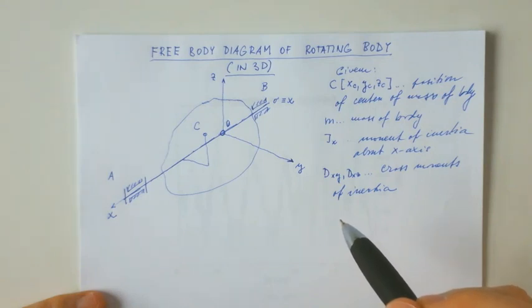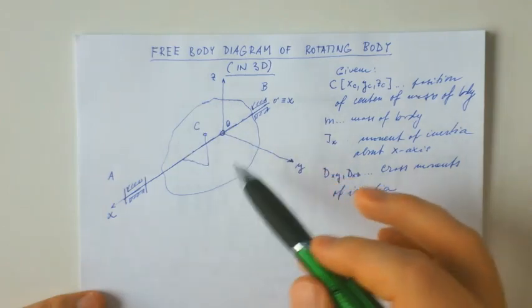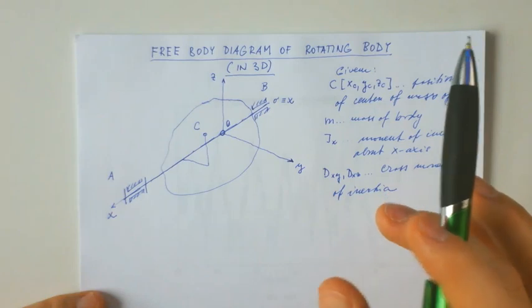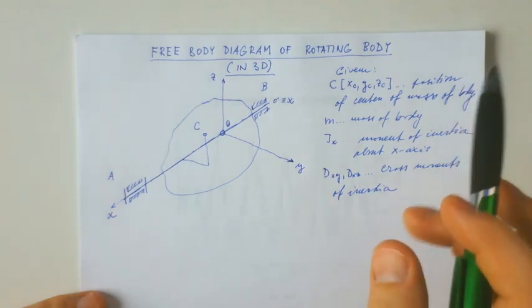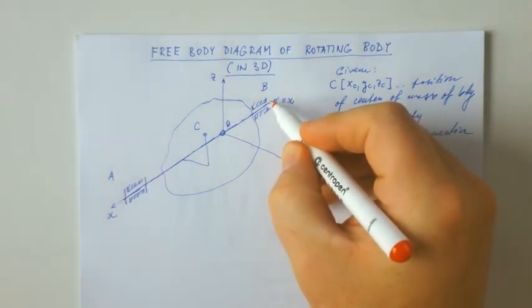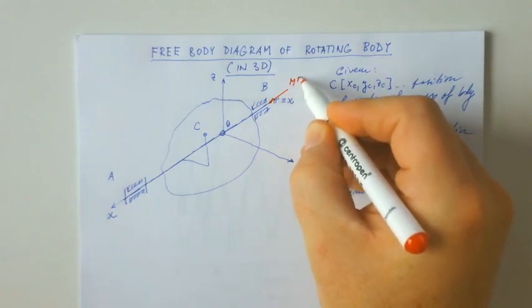Let's say also that if we expect that the body rotates, there should be some exciting moment, some external moment. So I will add it. It is denoted as a vector m external.